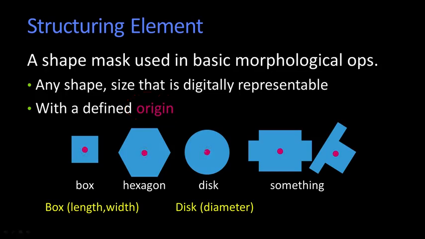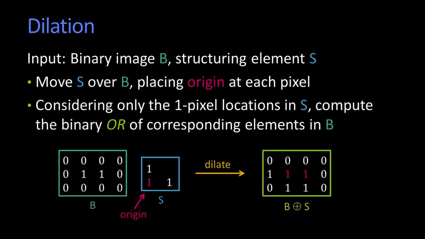So given a structuring element, we can define both dilation and erosion. So dilation is as follows. Basically, I've got some binary image, B, and that's here. I've got a structuring element, S, and the structuring element has to have an origin. Basically, what you do is you're going to take this dilation structuring element and run it around here, placing the origin at different places.